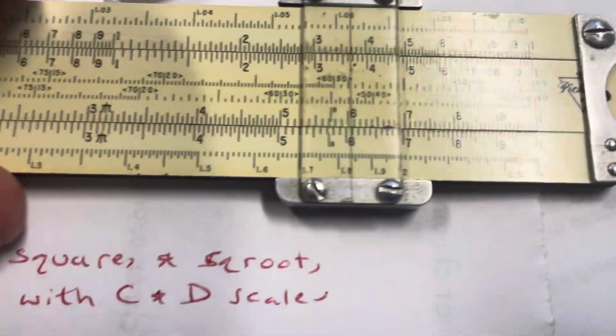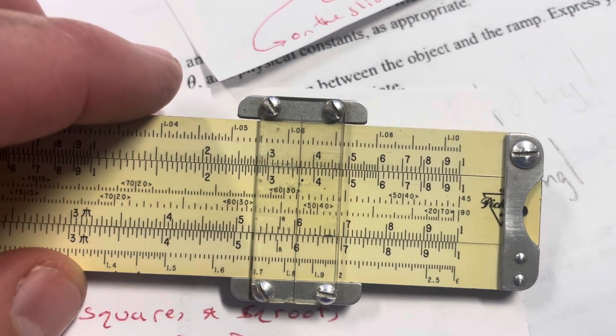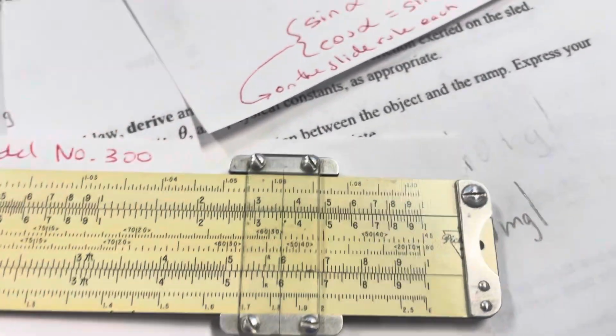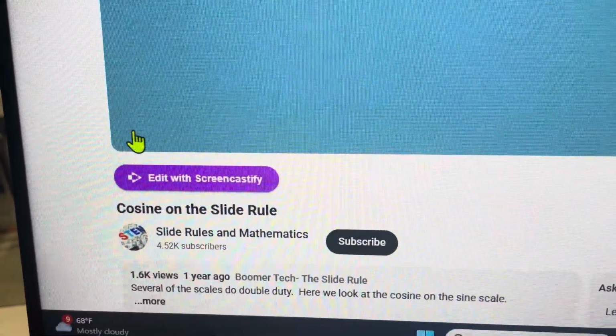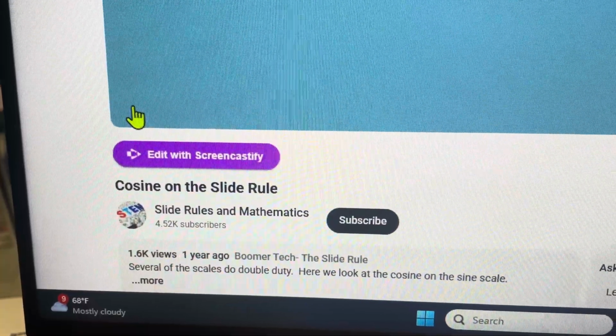sine, and we're going to go all the way over here. And we're going to start with the sine being, and by the way, I got this information for this part off of a cool little teaching thing, cosine on slide rules in mathematics.